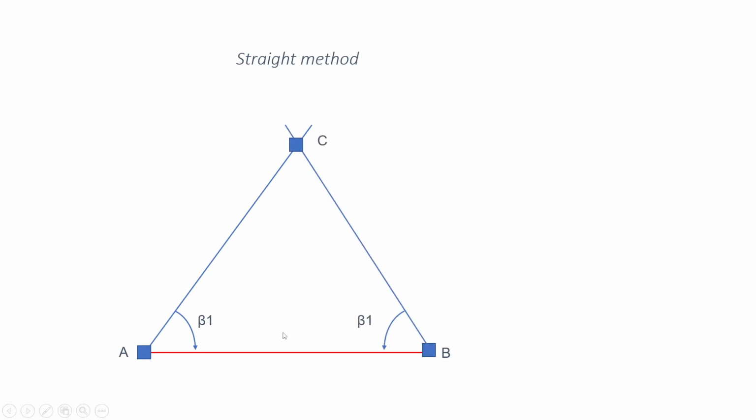Stripe method. Here we can use only angular measurements, beta 1 and beta 2, and we find point C on the ground using two theodolites. If we have no total stations, this method is also not so convenient.